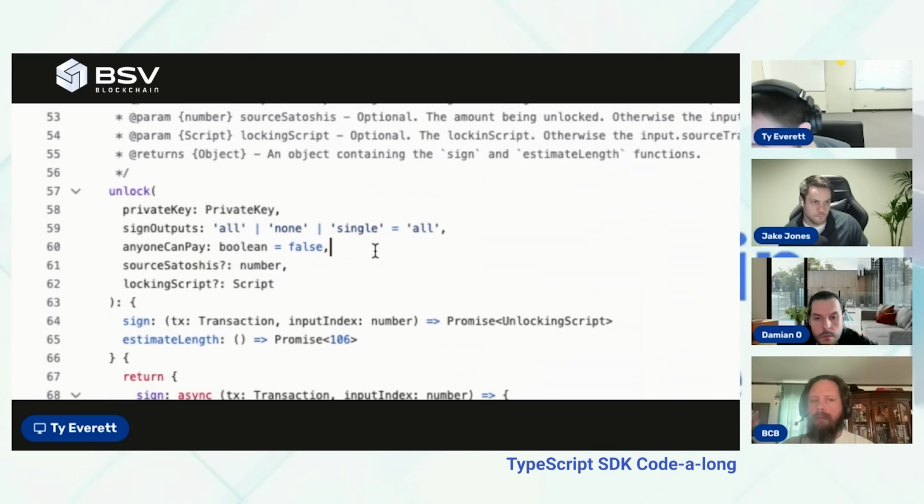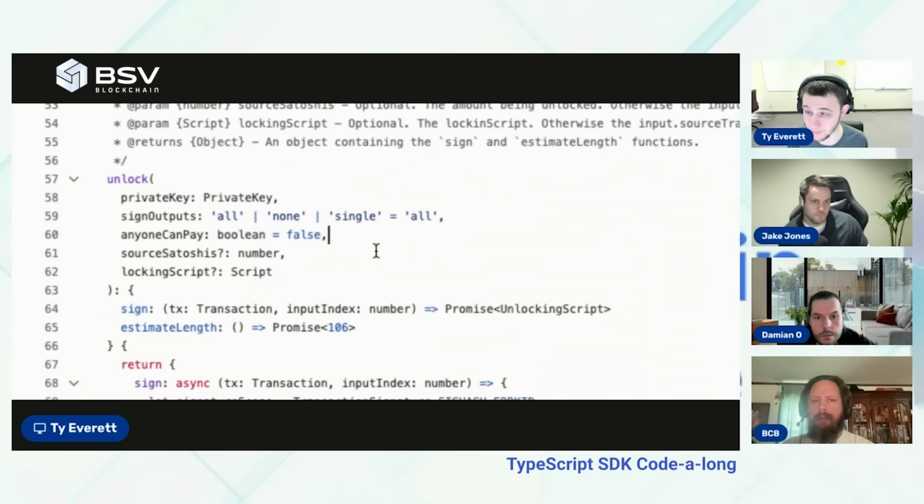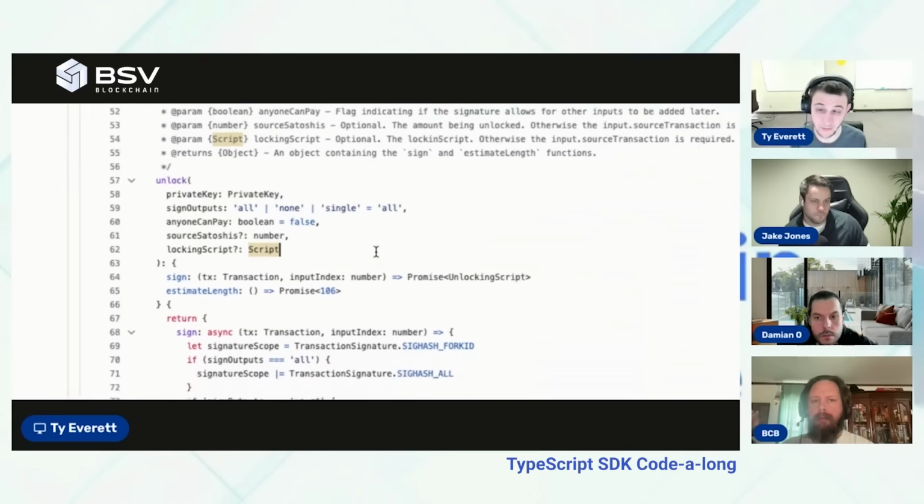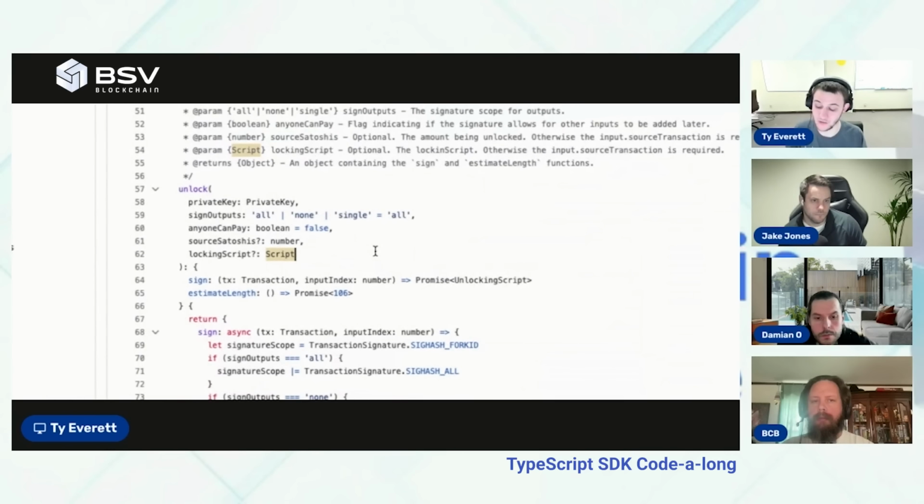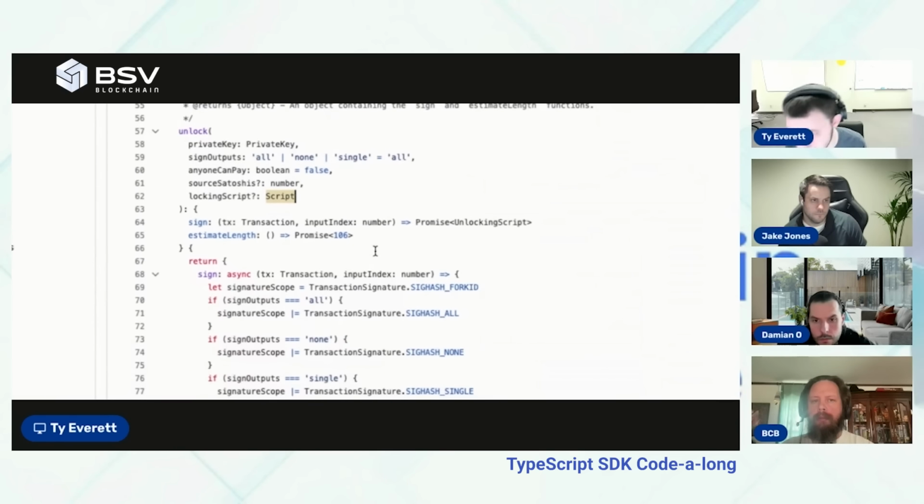Of course, can anyone else pay after you? And then you can optionally provide your source satoshis and source locking script, just so that you can avoid providing your entire source transaction if you don't happen to have the entire thing available.